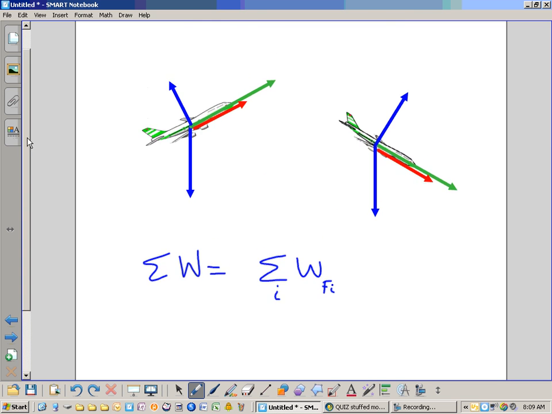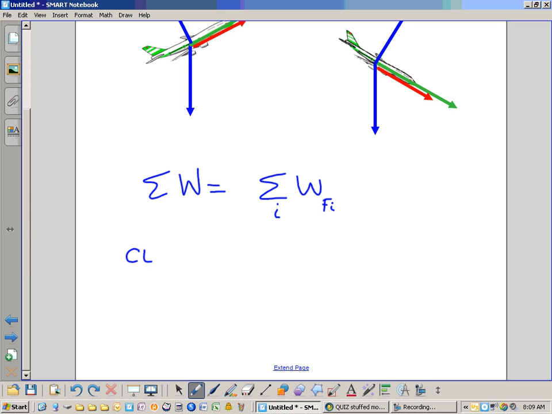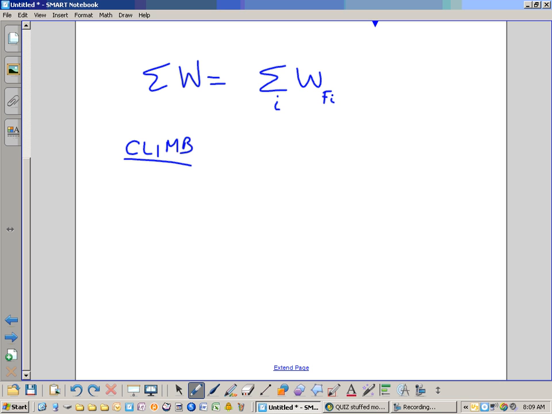So in the climb, we have some displacement S, so S for the climb, and for the dive, we have displacement S for the dive. We know that they are equal, right? We know that the thrust is equal, right? Thrust for the climb, thrust for the dive is equal.